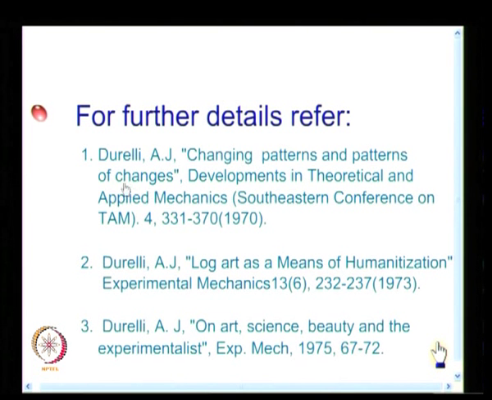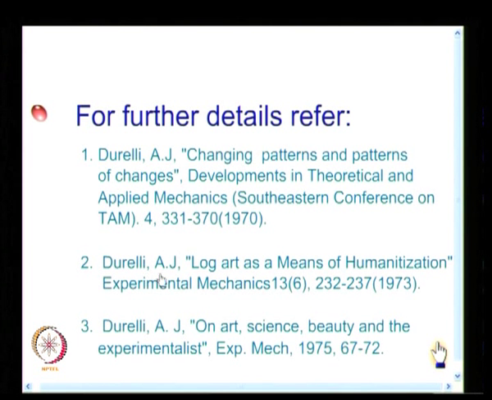So, my request is that all of you please just note down some of these reference details. You do not have to write the full reference. He has a paper in Developments in Theoretical and Applied Mechanics in 1970. You may not be in a position to get it, but at least Experimental Mechanics you will be able to get.